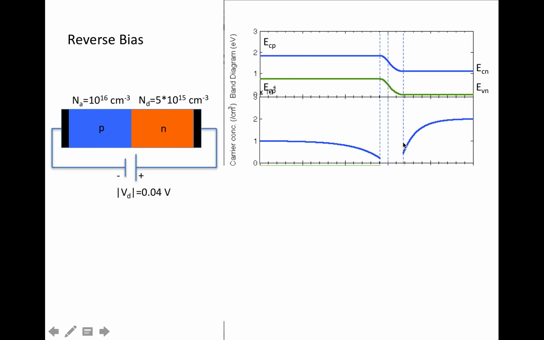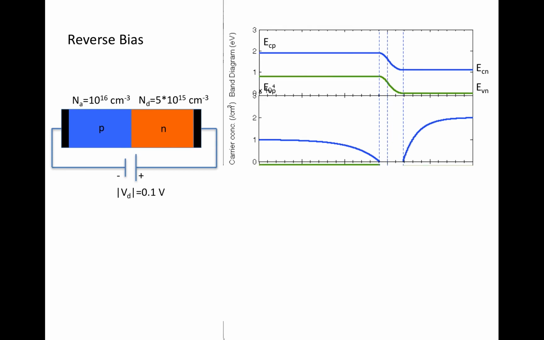As we increase the reverse bias voltage, this carrier density keeps on going down, and when the reverse bias voltage is larger than 3 kT over q, the minority carrier density at the edge of the depletion region goes to 0.